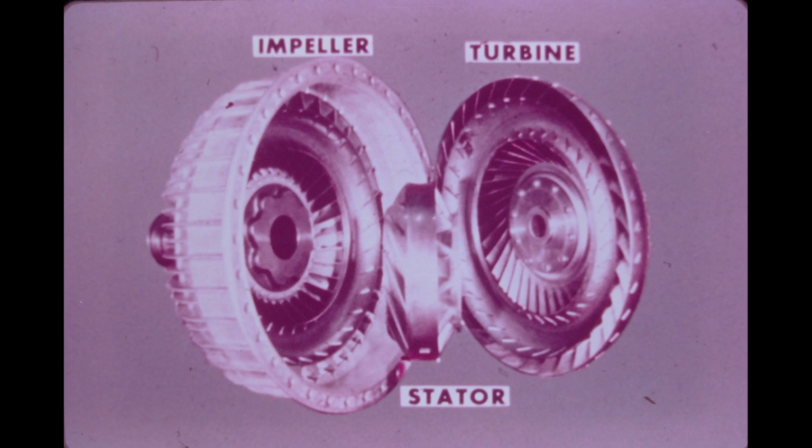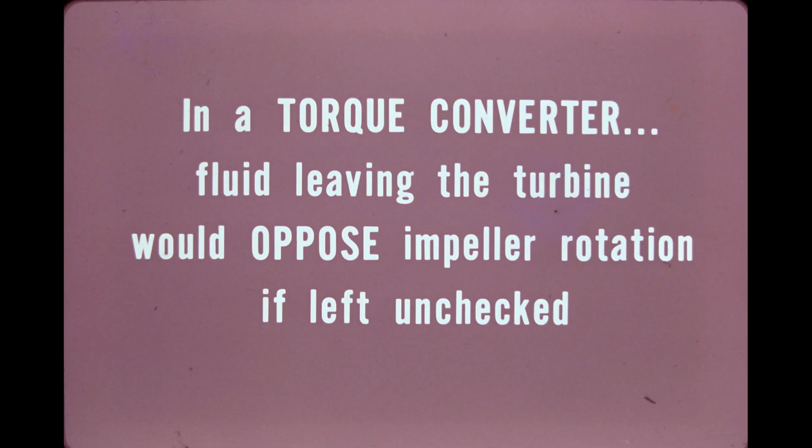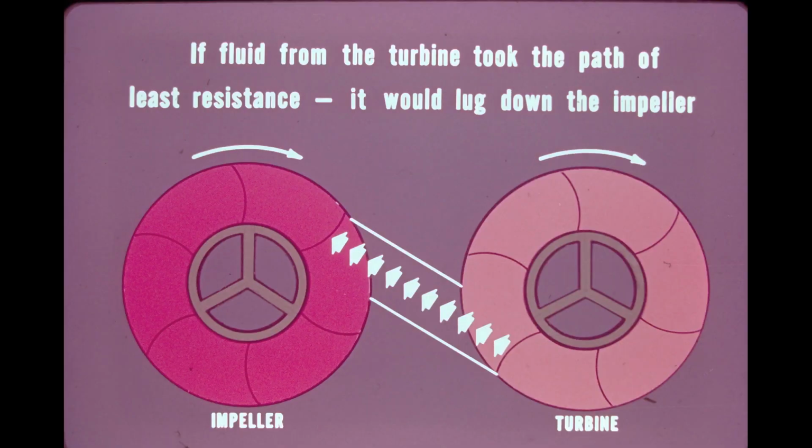However, because of the shape of the turbine blades in a torque converter, fluid leaving the turbine would oppose impeller rotation if left unchecked. In other words, if flow from the turbine in the torque converter were allowed to take the path of least resistance, it would lug down the impeller.